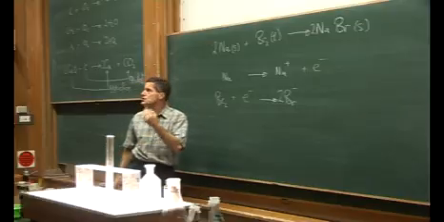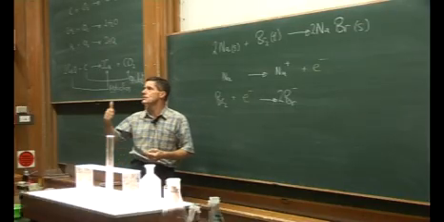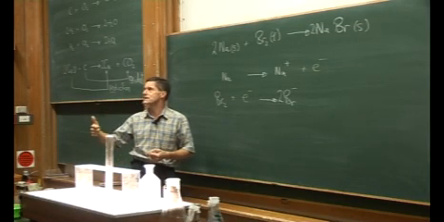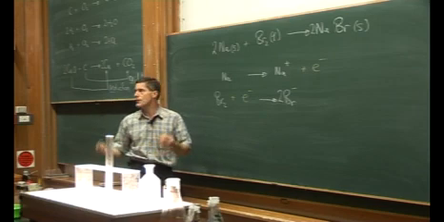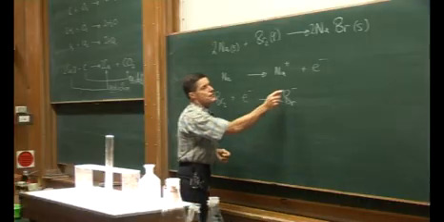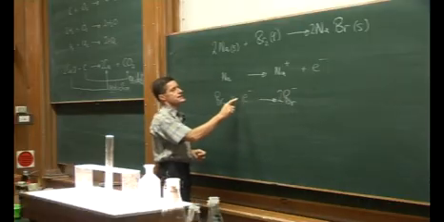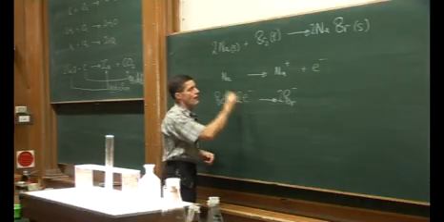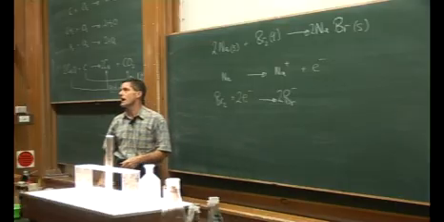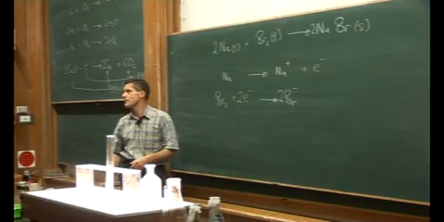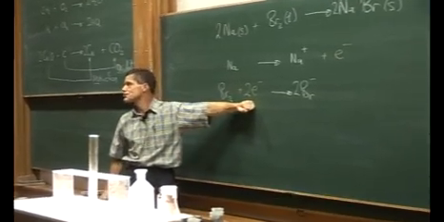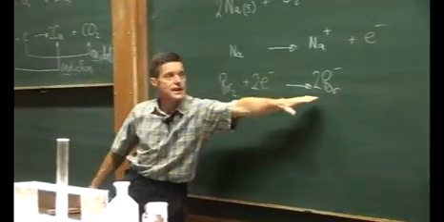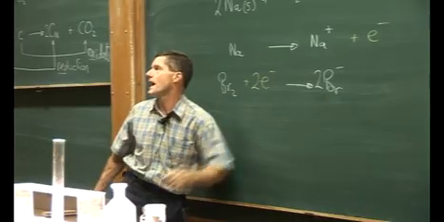I need to ensure that my equation is balanced for type of atom, for number of each type, and for overall charge. Overall, there's a 2- charge on the right. I need a 2- charge on the left to balance that up. So Br2 absorbing 2 electrons gives me 2 bromide anions.